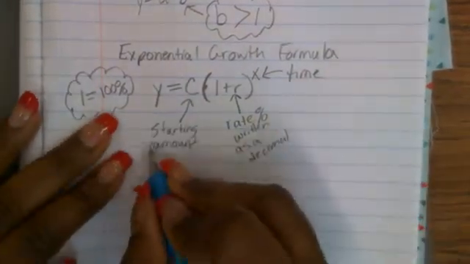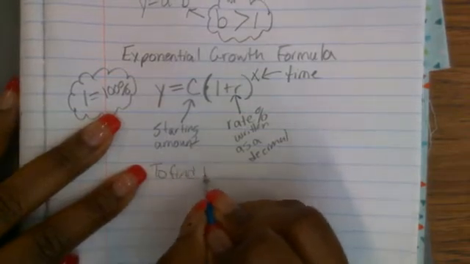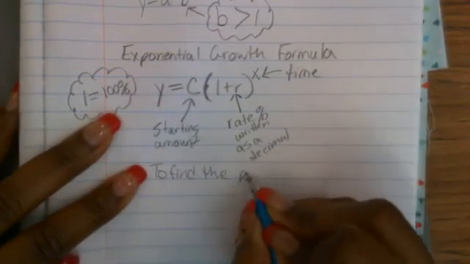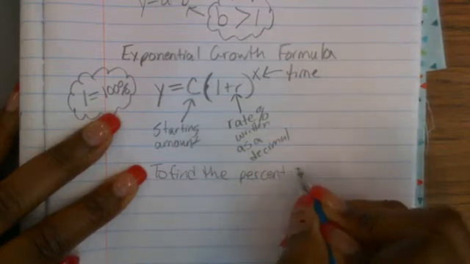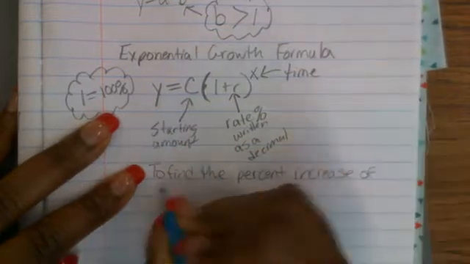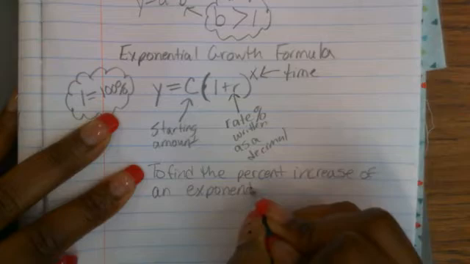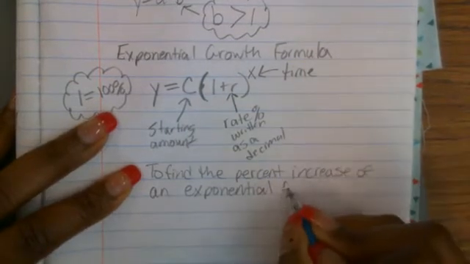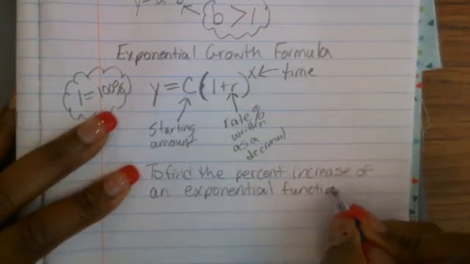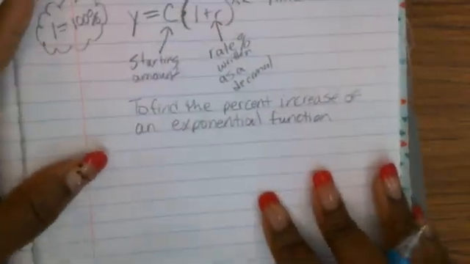All right, now for exponential functions, to find the percent increase of an exponential function, this is so important because we get this wrong so often, because we think we can just look at it and get an answer, but we can't.